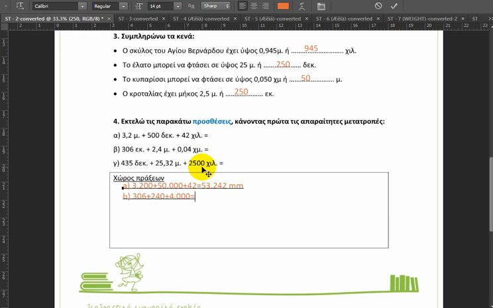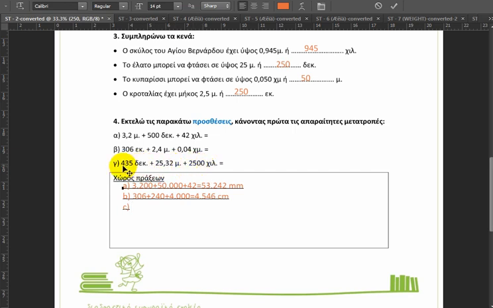And this makes 4,546. Did I do it correctly? Yes. Centimeters.